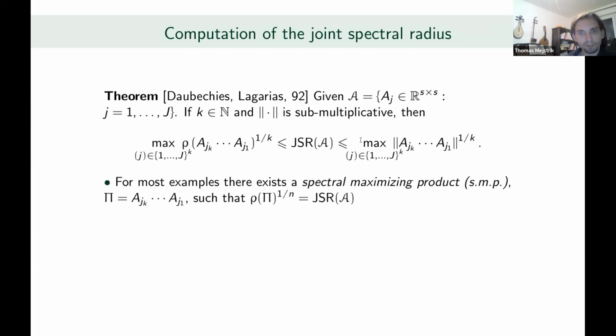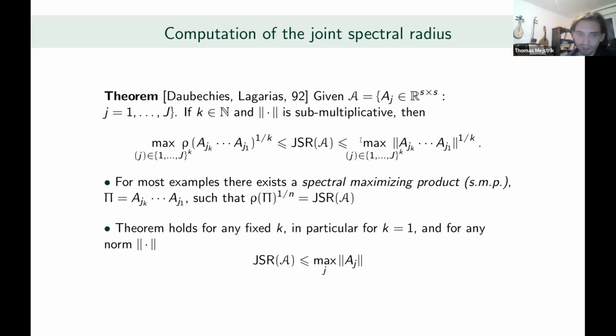So if we're optimistic and want to exploit this theorem in a fancy way, we can hope that we will find a matrix product of finite length which already attains the joint spectral radius, and we will call such a matrix product a spectral maximizing product, SMP. On the other hand, this theorem holds for any integer, in particular for k equals 1, and also for any norm.